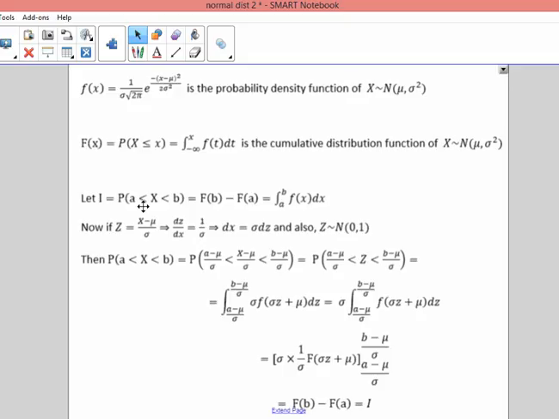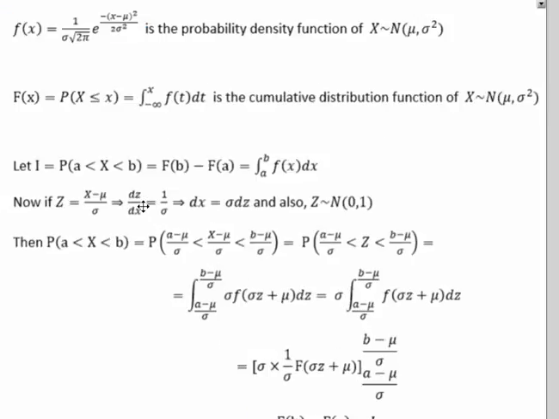So basically what I'm trying to show you here is that this probability where x is distributed with these parameters is exactly the same as this probability where we transfer over to this distribution. In other words, you can always find out something about this distribution by transferring over to a different distribution.